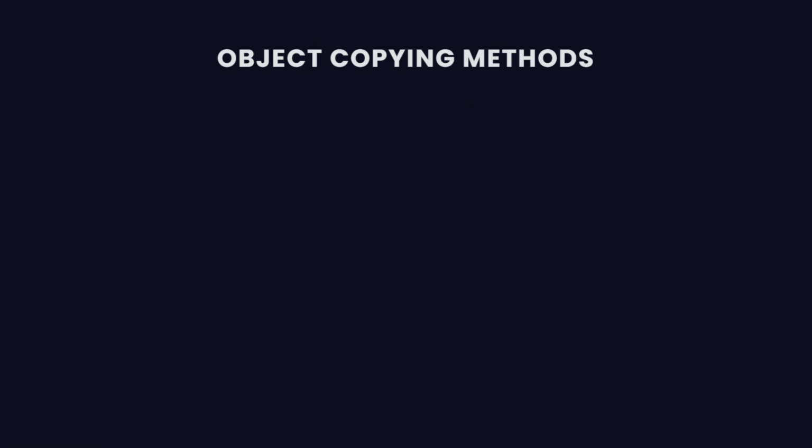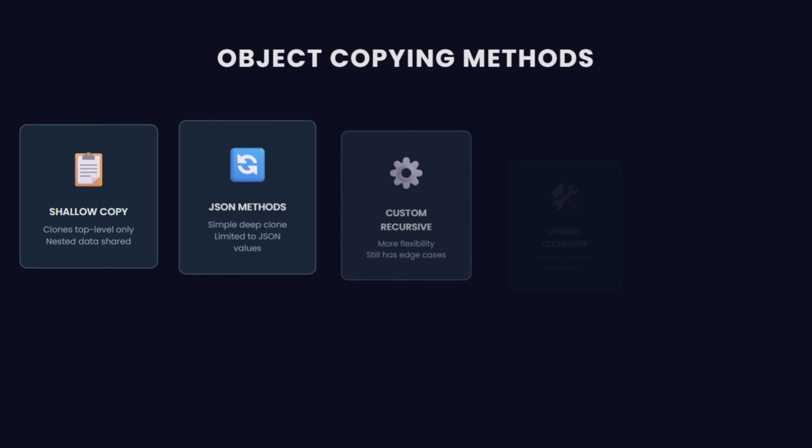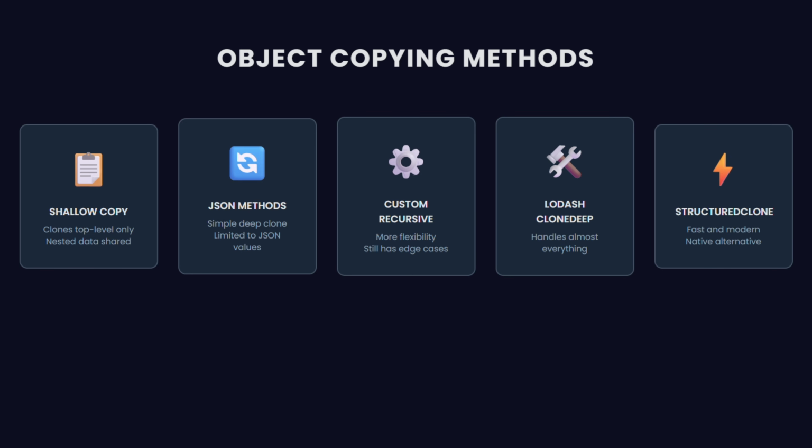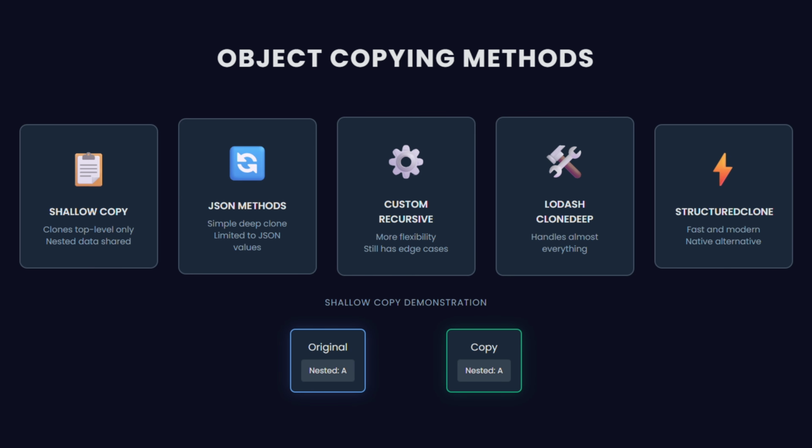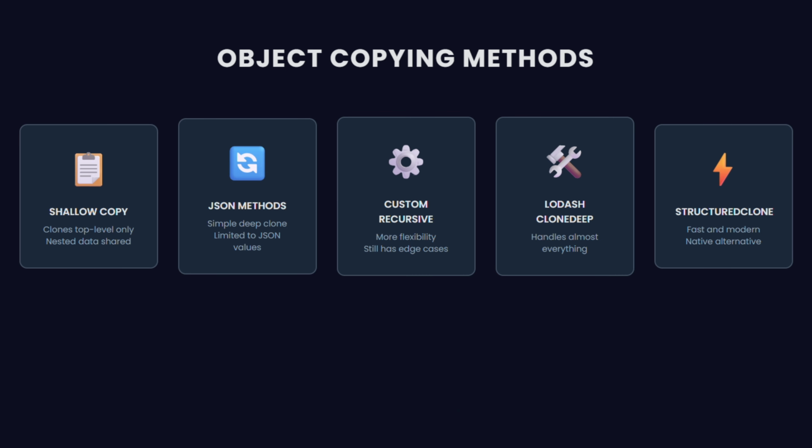To summarize everything, shallow copying only clones the top-level structure, which means nested data remains shared. This can cause bugs when changes in one object unintentionally affect another. JSON methods offer a simple deep clone, but are limited to safe JSON values. Custom recursive functions provide more flexibility, but still have edge cases.